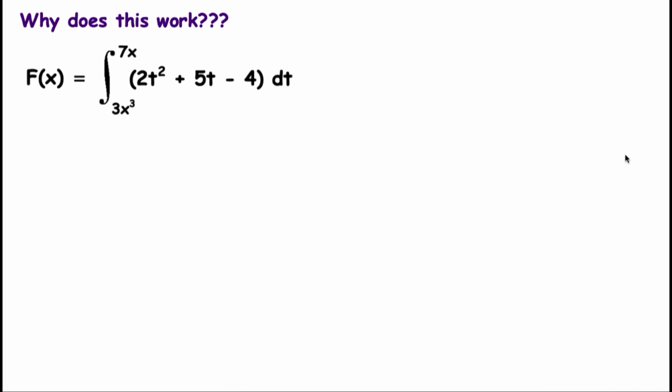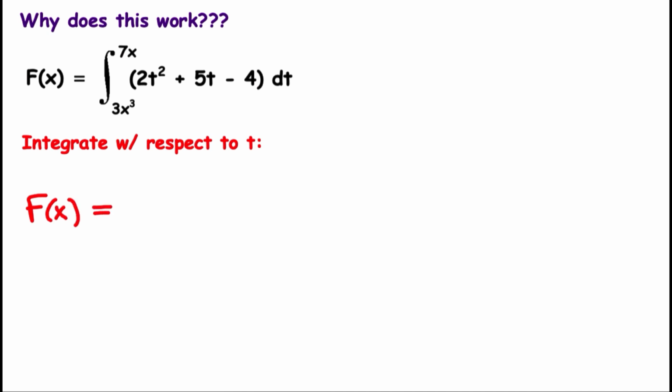Okay, so why in the world does this even work? I'm going to repeat one more time. But this time I'm going to pretend like I've never seen the second fundamental theorem of calculus in my life. So obviously if I didn't know about that, I would have to integrate it first. All right, so here goes. F of x is equal to, all right, I got to go up by a power, so 2/3 t cubed.